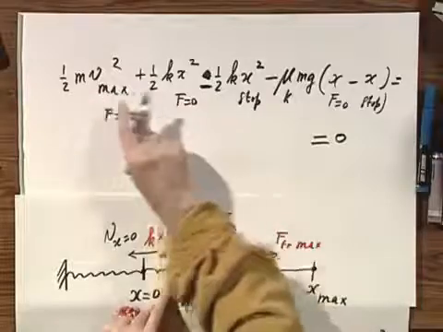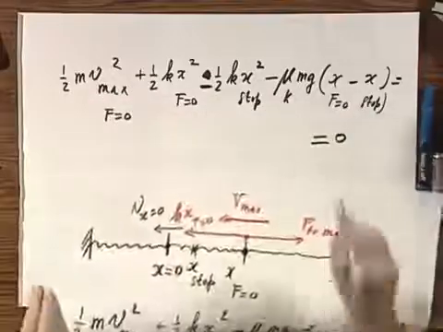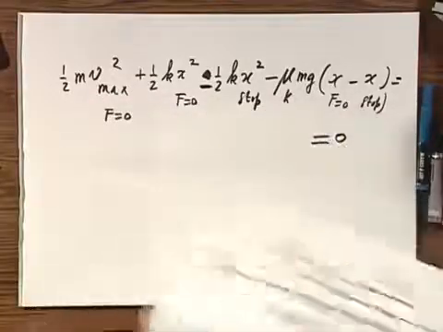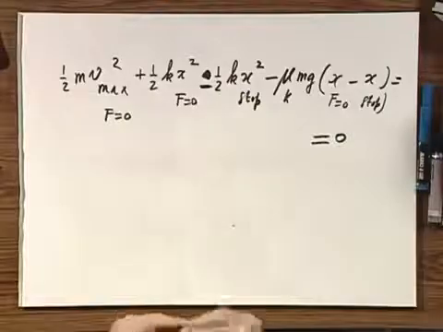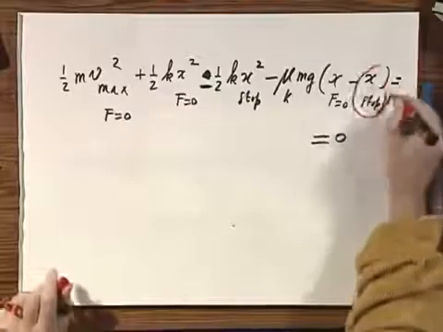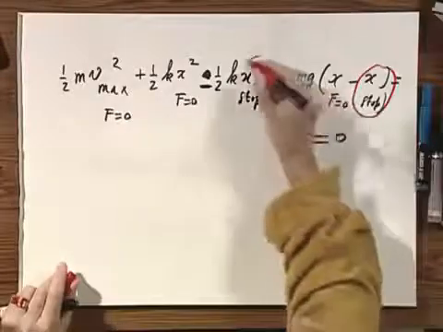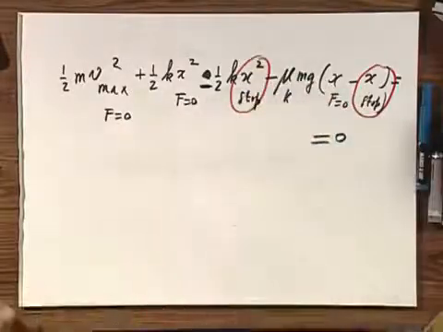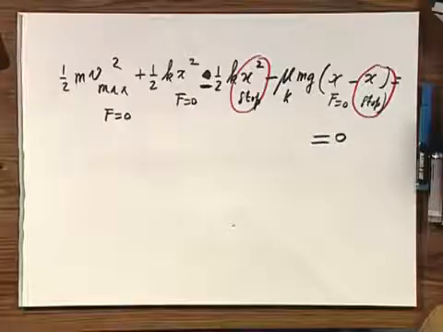So when all this energy has been consumed, so to speak, the object will come to a halt. Well, if you look very closely, you know all these things. The only thing you don't know is x stop. And so you have one equation with one unknown, x stop, and you can solve for x stop.